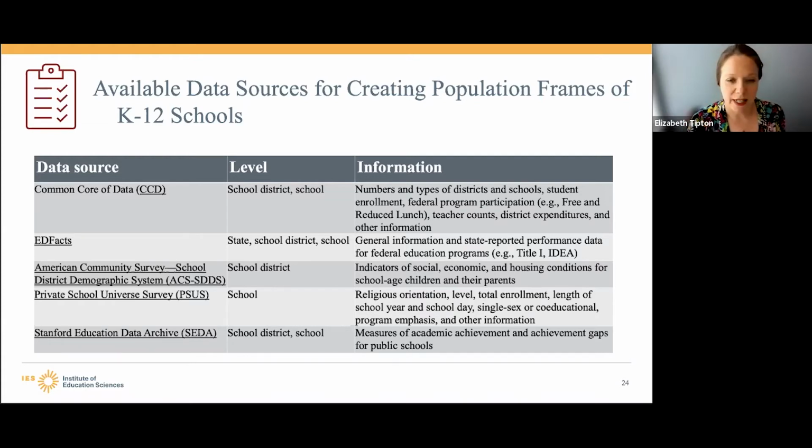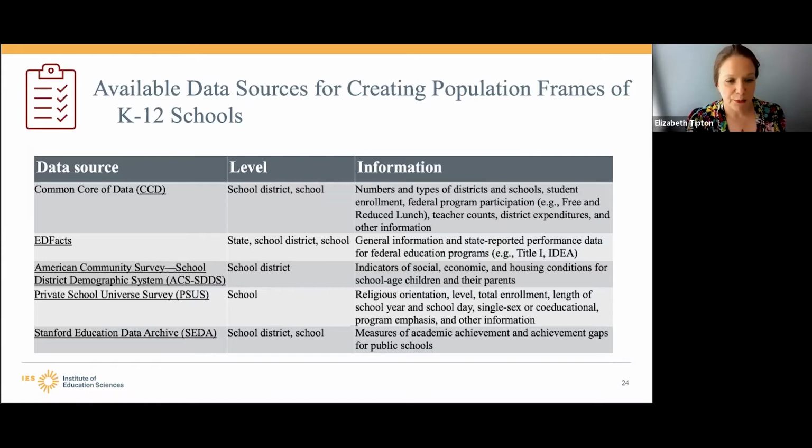FX has some more information as well at the state, school district, and school level. The American Community Survey has something called the School District Demographic System, which aggregates American Community Survey data to the school district level, which can be helpful if you've got some richer measures of, for example, home language and socioeconomic measures.